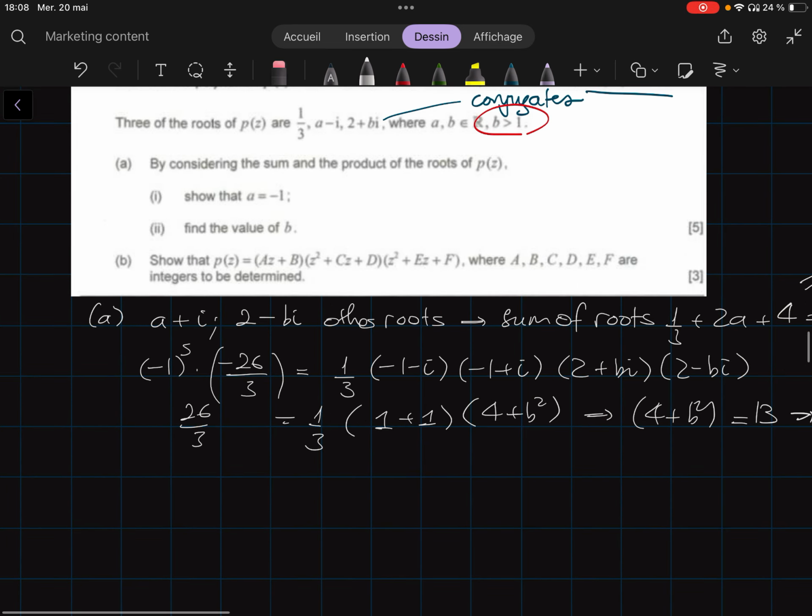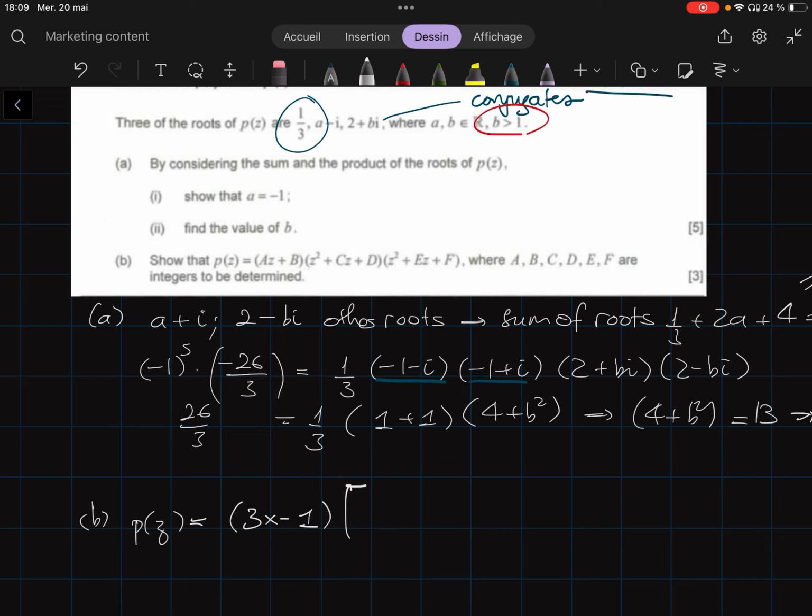Part B. Now we want to factorize P completely with real coefficients. Okay, so let's take the 1 by 3 first. This factor has to be 3x minus 1. The second factor comes from these two roots.